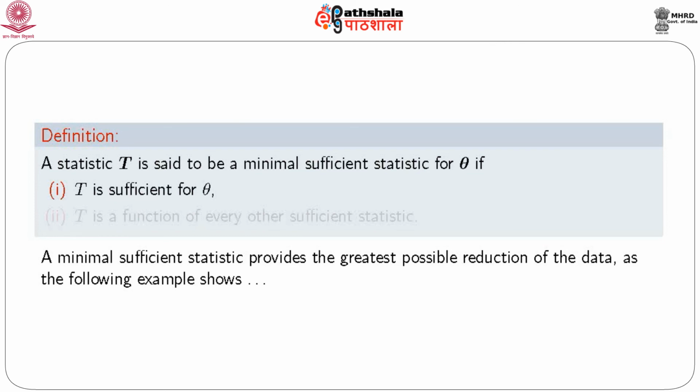A statistic T is said to be a minimal sufficient statistic for theta if, number 1, T is sufficient for theta, and number 2, T is a function of every other sufficient statistic. In other words, a minimal sufficient statistic provides the greatest possible reduction of the data, as the following example shows.